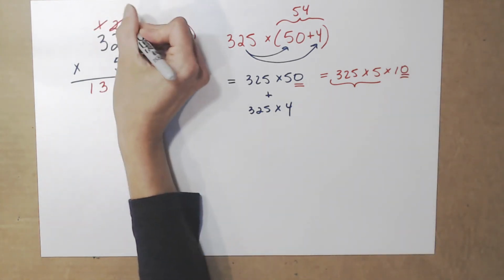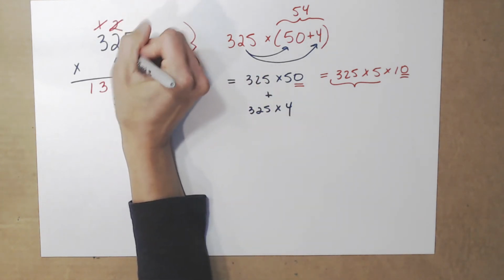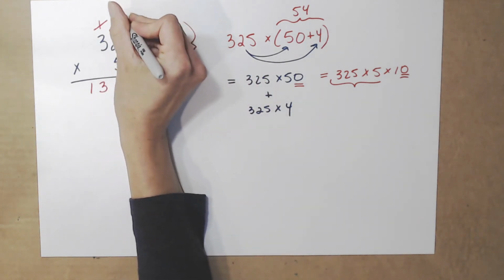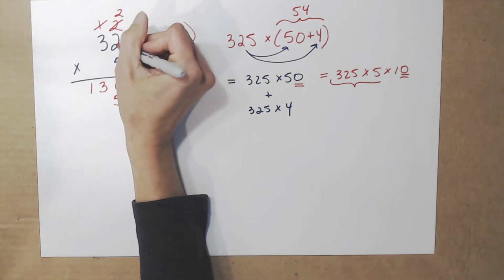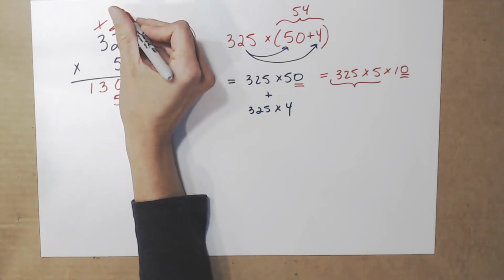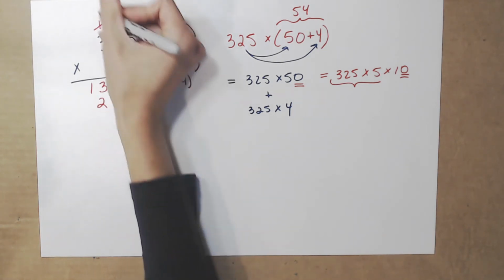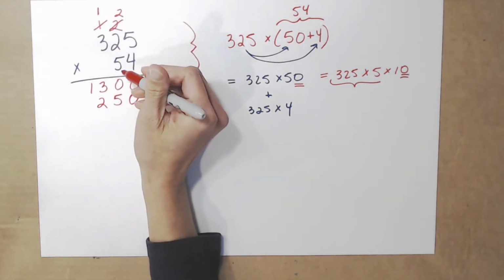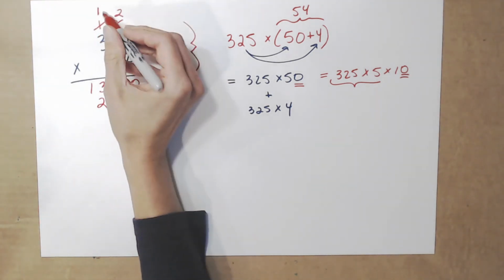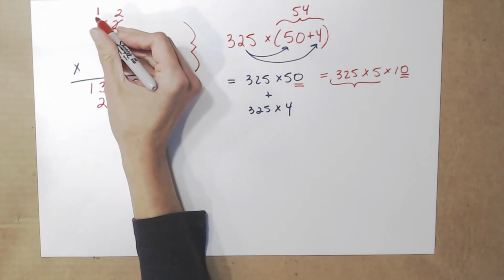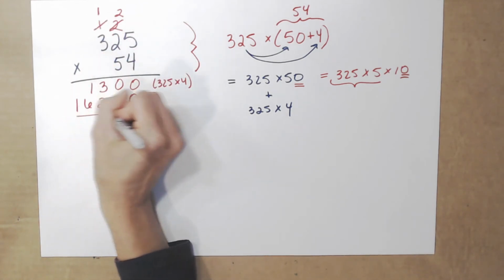I'm going to cross off my numbers from last time. 5 times 5 is 25, so I have 2 extra tens. Put it over the tens. 2 times 5 is 10, plus 2 is 12. With 12 I have an extra 100. So 3 times 5 is 15, plus 1 is 16.